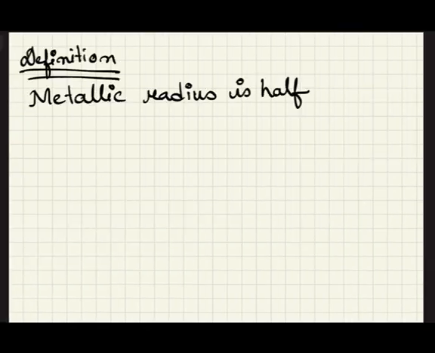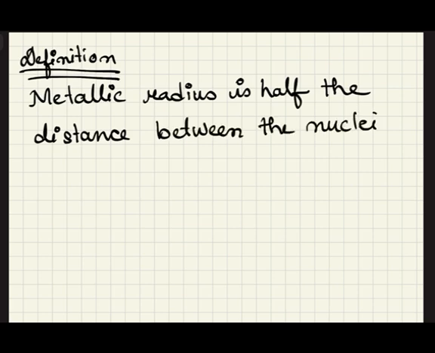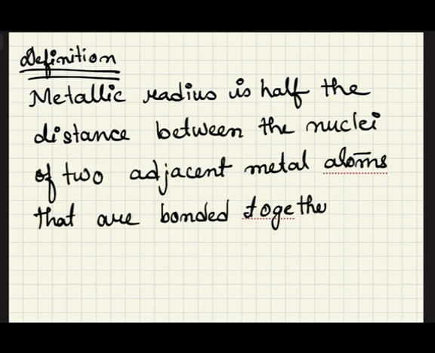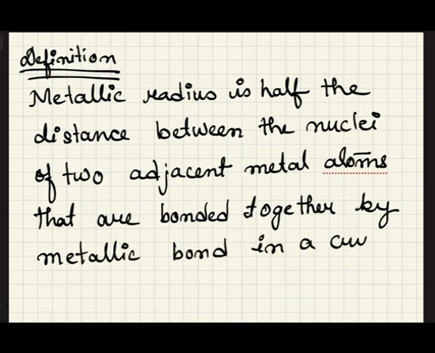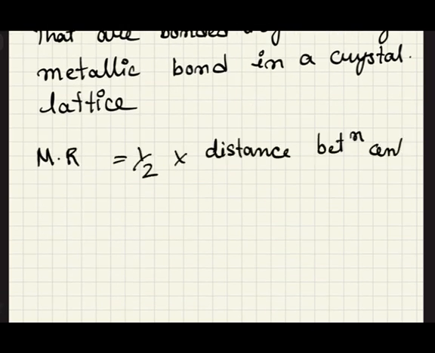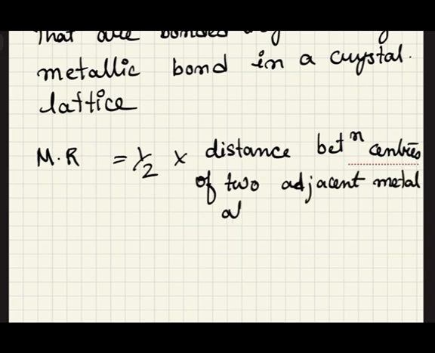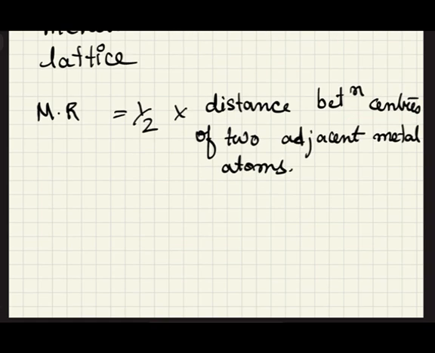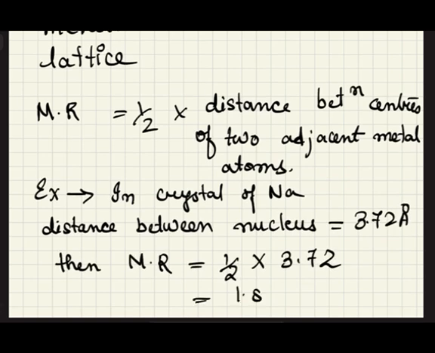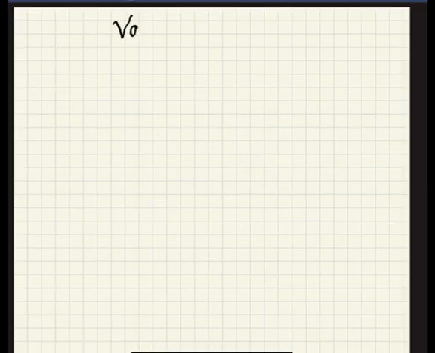Definition: metallic radius is half the distance between the nuclei of two adjacent metal atoms that are bonded together by a metallic bond in a crystal lattice. Example, in crystals of sodium, the distance between the nuclei is 3.72 angstrom, then the metallic radius is half of 3.72, which is 1.86 angstrom.